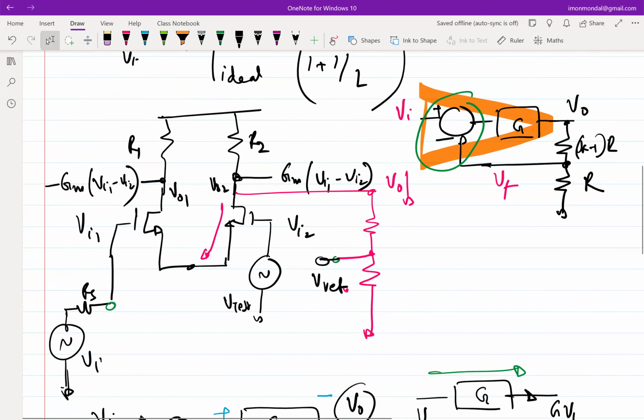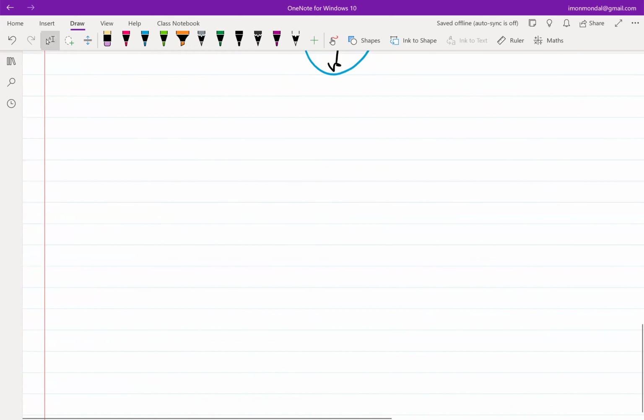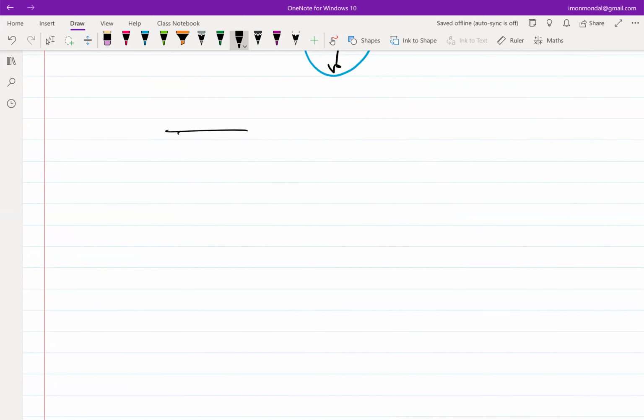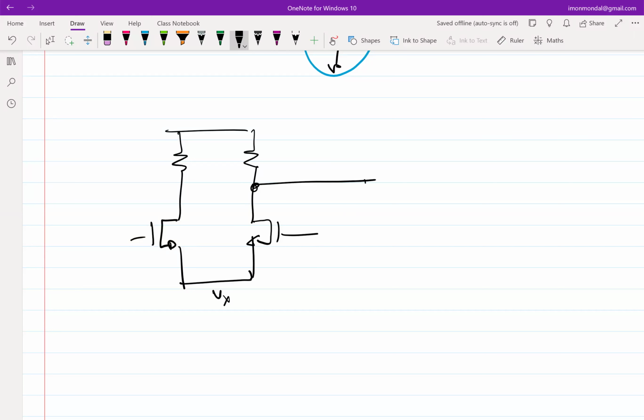We short VI. So let me sketch the circuit again. So this is incrementally shorted. I assume these two GMs are identical and these two Rs to be identical also.